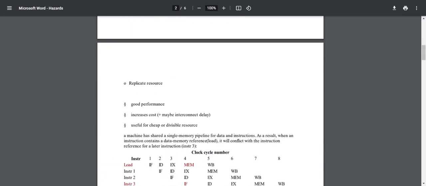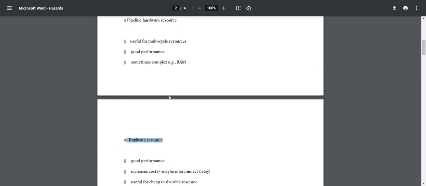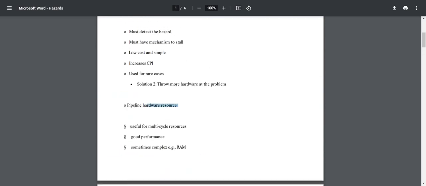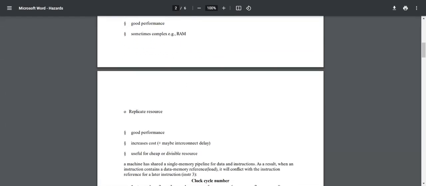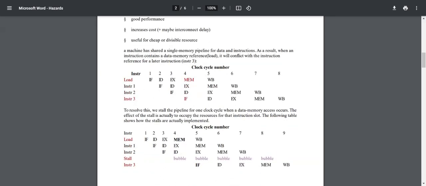And lastly, you can replicate the resources. Now, in my opinion, using extra hardware and replicating resources are basically the same thing, but being used from two different approaches. Because to replicate the resources, you need an extra bit of hardware, right?